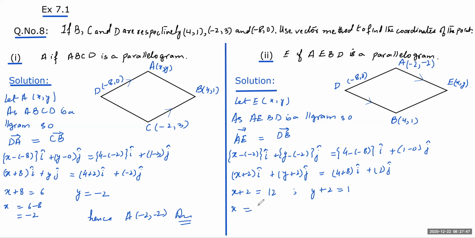Here I get x is equal to 12 minus 2 equals 10, and y is equal to 1 minus 2 equals -1. Hence, the point E becomes (10, -1), and that is our answer.